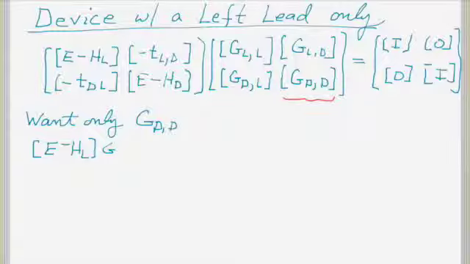So I have E minus H sub L times GLD, minus TLD times GDD is equal to 0. Right, that's what that gives me.